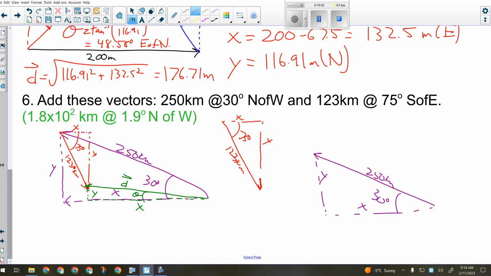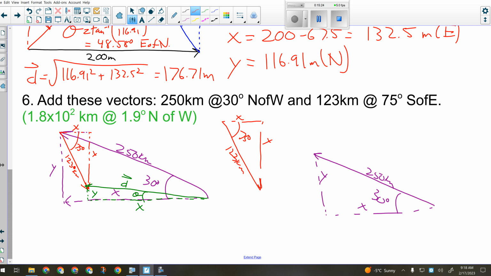Now, scale doesn't matter, because I'm not putting them together. But I also don't know what my resultant looks like. I don't know what it looks like until I find out red x, red y, purple x, purple y, and then do all the math. Then I can build my resultant triangle from the math.